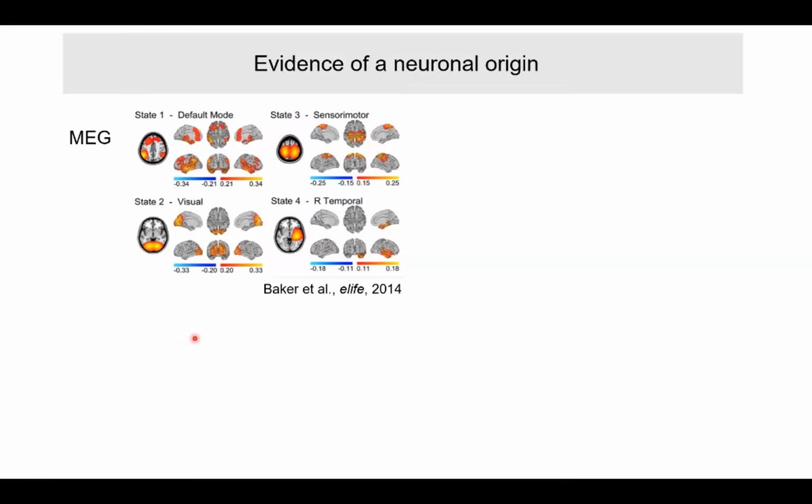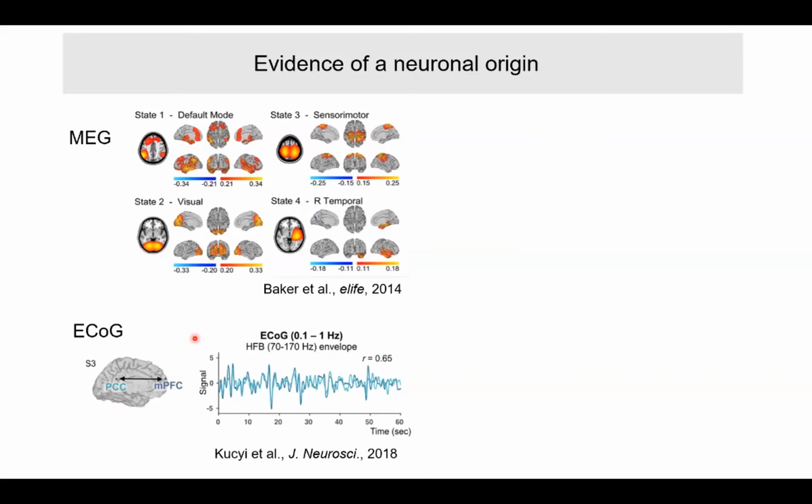So for instance, this is an MEG study where they can see some organized MEG activities that look a little bit like those resting state networks people see with fMRI. And here is another example where I used intracranial ECoG data, and you can see the envelope of very high frequency power really shows synchronized behavior in the anterior and posterior parts of the brain.